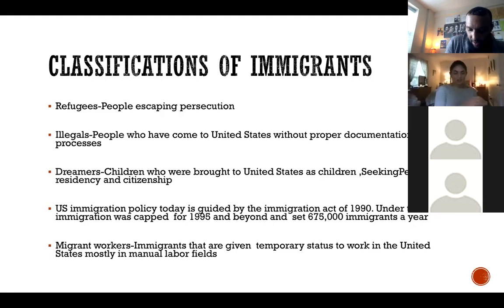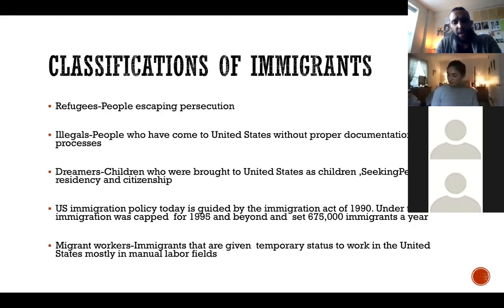Go for it. And students, what Miss Jessica is saying is that a salad is all in one spot, but everybody has their own individual identity. So that's a good way of saying it. So these classifications of immigrants, we have people who are called refugees. The root word of refugees is refuge.